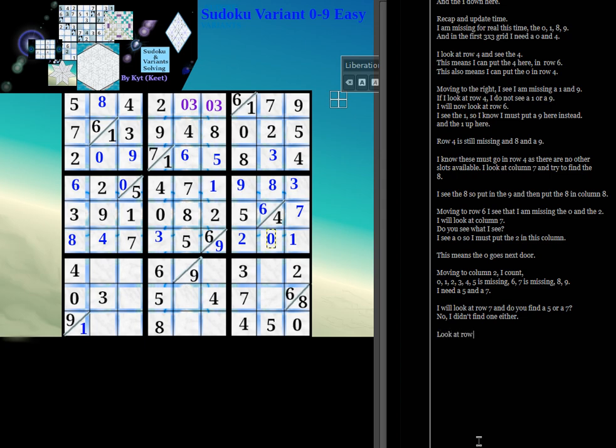Look at row 9. Do you see a 5 or a 7? I found a 5. Because we cannot have two 5s in the same row, what number must go here in column 2?